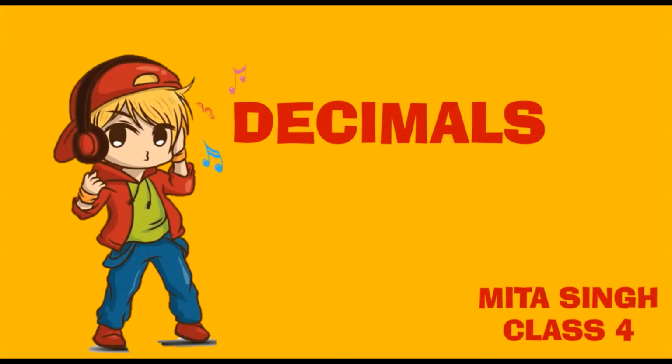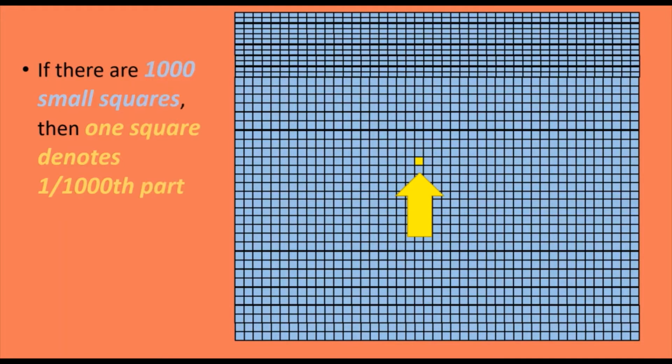Now, 1000th means 1 divided by 1000. That means when we divide a square into 1000 parts, 1000th is 1 square of all the 1000 squares.